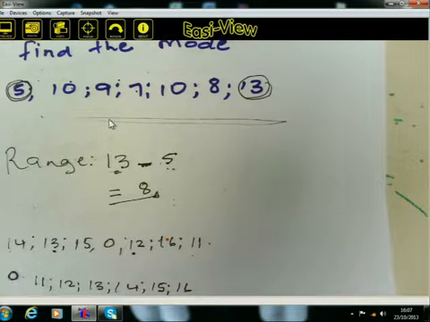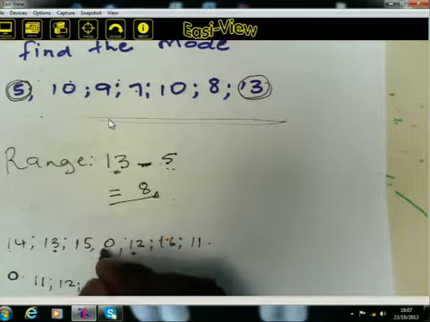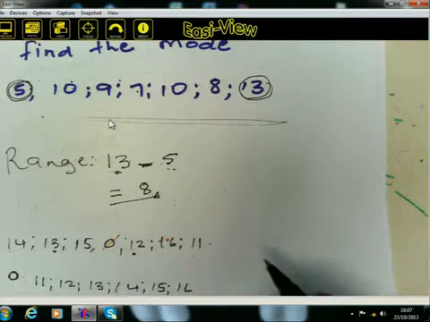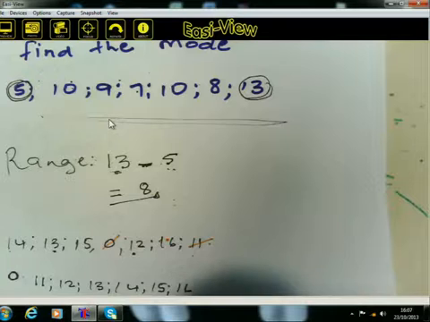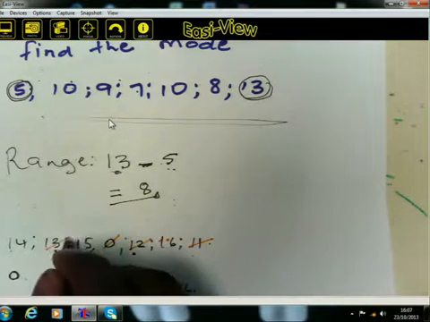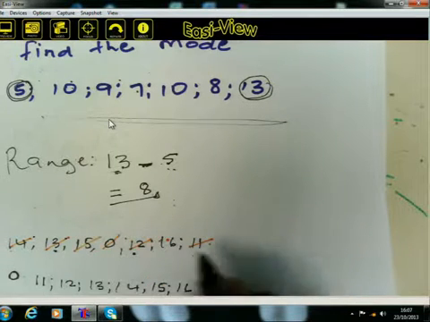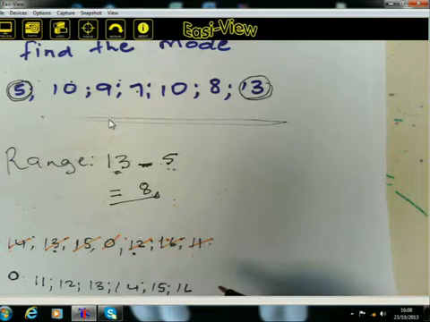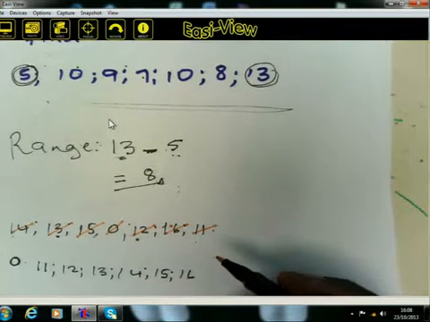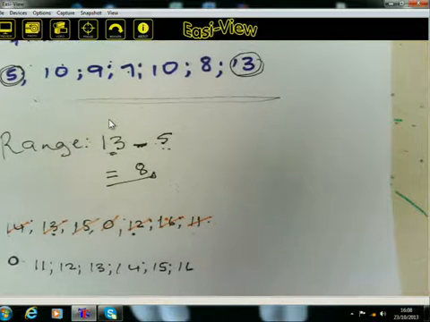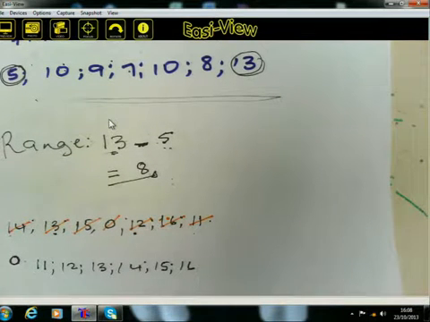Now, let us double check whether you wrote all the data. We said 0, yes. 11, yes. 12, yes. 13, yes. 14, yes. 15, yes. And 16. Now I can see that I wrote it correctly, and I can continue with what I'm supposed to do.